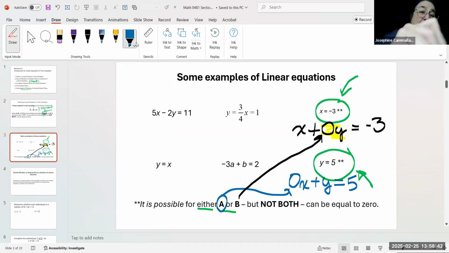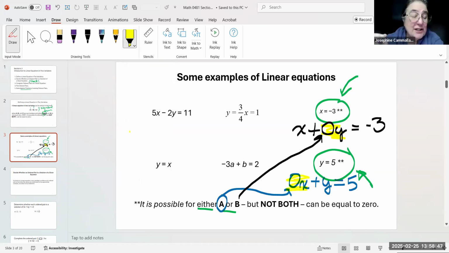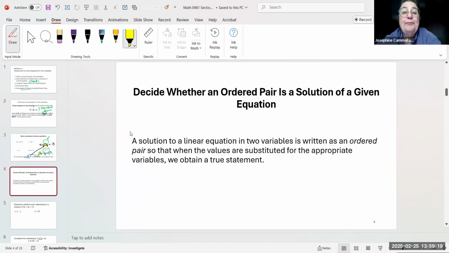So these terms of 0x or 0y need to be understood that they are present in the equation. That is most important, okay? Because these concepts of the zeros, even though we don't write them, we will need to use them. Okay? Now, with that said, let's continue.